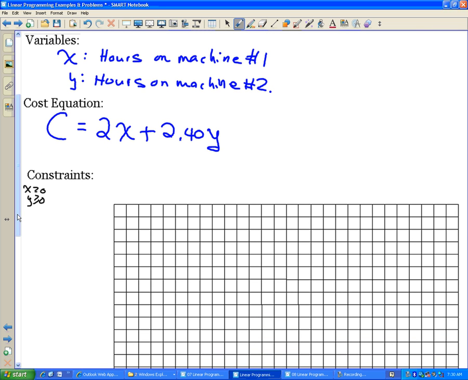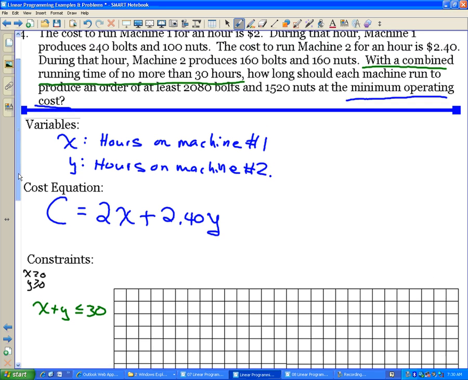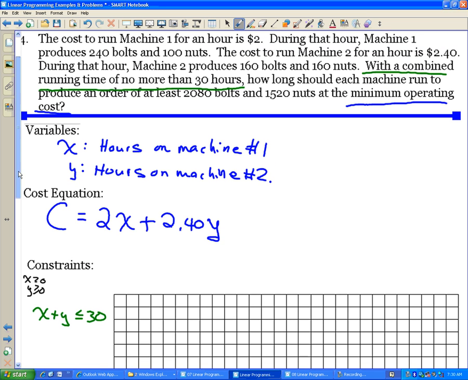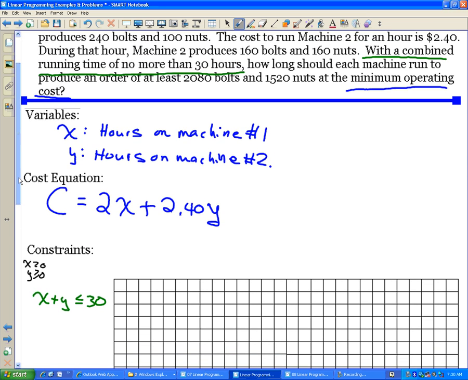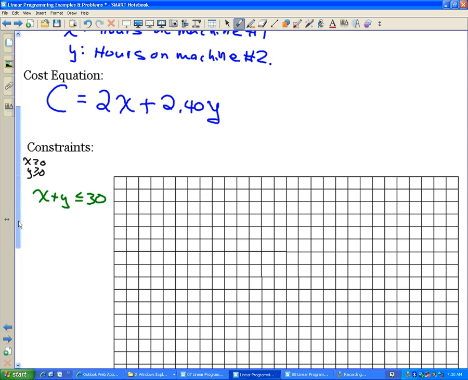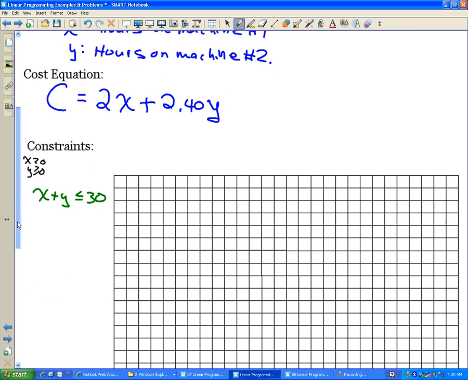So my first constraint is x plus y is less than or equal to 30. Make sure I'm reading this right. It said of no more than 30 hours, which means it can be 30 hours, but I can't go over. So it's x plus y is less than or equal to 30.